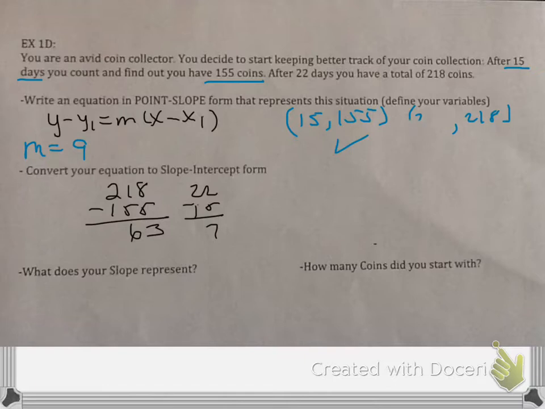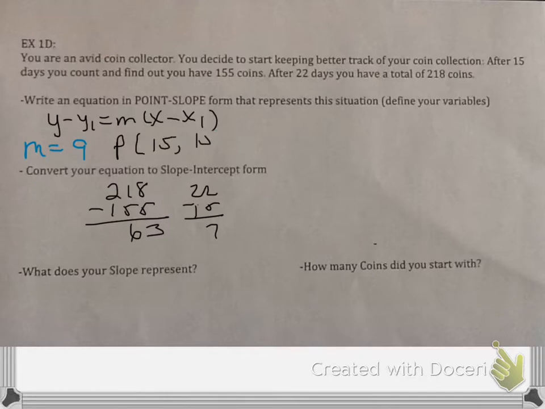I could use the other one and get a different point slope form, but we're just going to use this one for example. So my point is going to be 15 and 155, and I'm going to plug it in right over here.